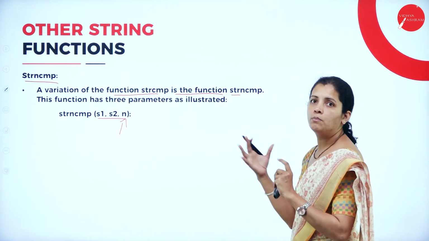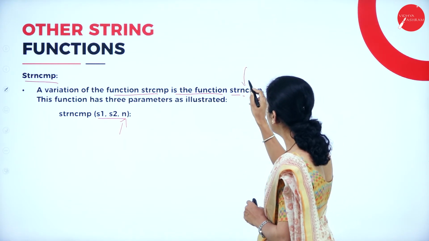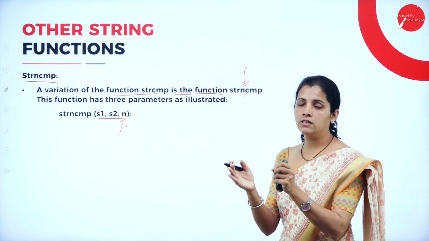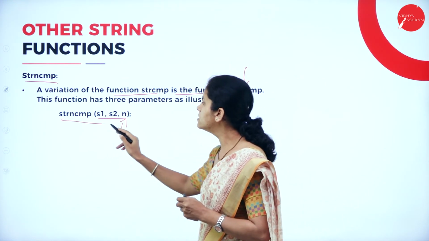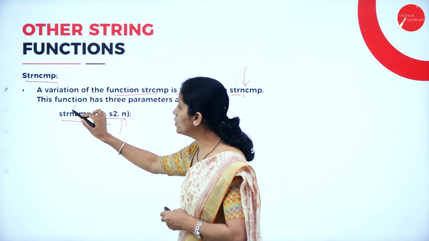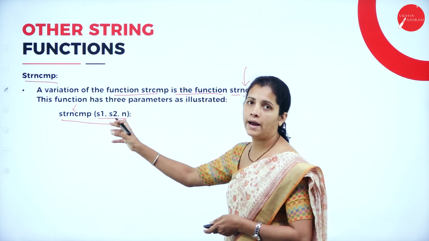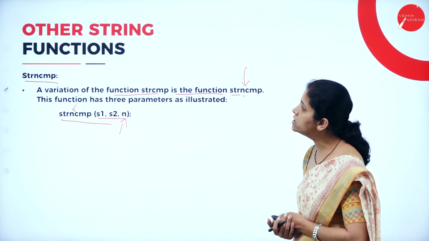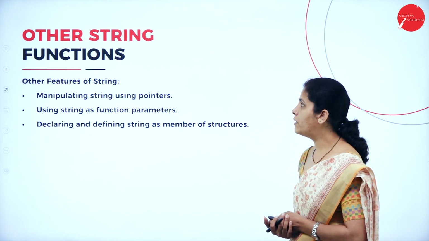So, I'm just modifying the existing string comparison here. And while comparing strings, I'm going to specify the position, that means how many characters I want to compare. So here, this is the syntax I'm going to have. So I'm having string comparison and I'm going to specify the position from where to where I want to compare. Okay, this is all about other string functions and all these string functions are supported by the string.h header file.